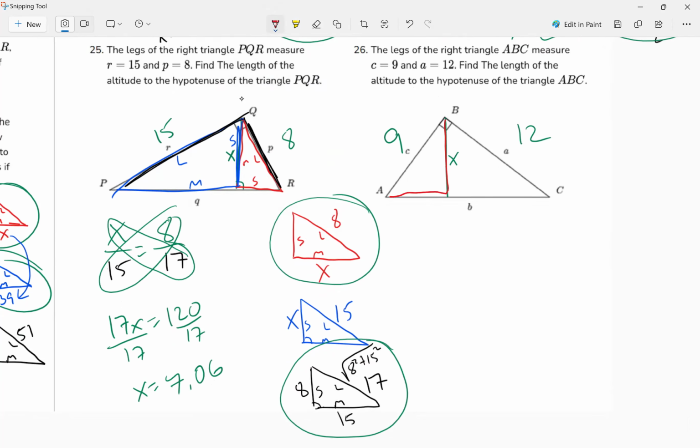Here's my red triangle. Here's the small, medium, and large. The small side is blank, the medium side is X, and the large side is 9. Now let me take a look at my blue triangle. Here's small, medium, and large.